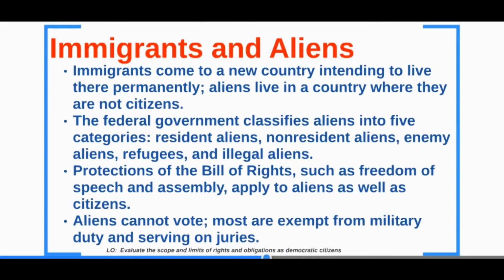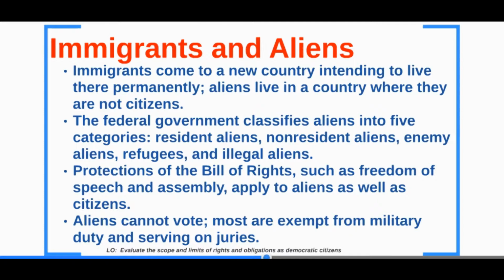Refugees are people that have come here to flee some type of, usually, political turmoil. Such an example, we've recently announced that we'll be accepting at least 10,000 refugees from Syria, where there's a civil war going on. And the last category is illegal aliens, and those are aliens that did not go through a legal channel to come here. They're here illegally.